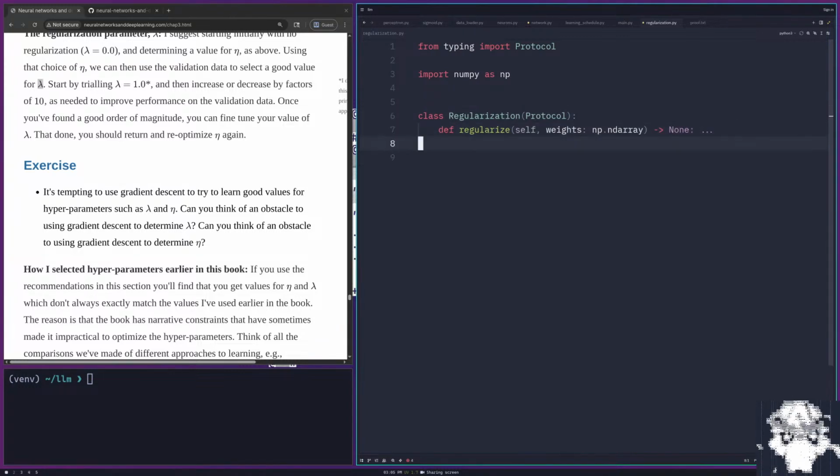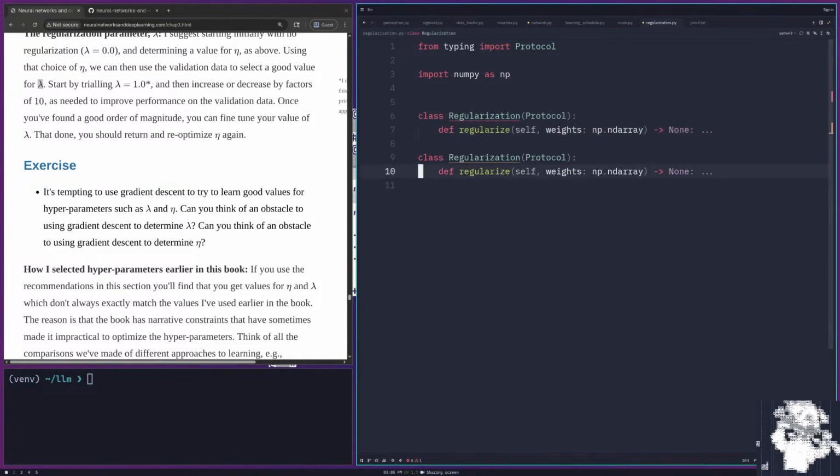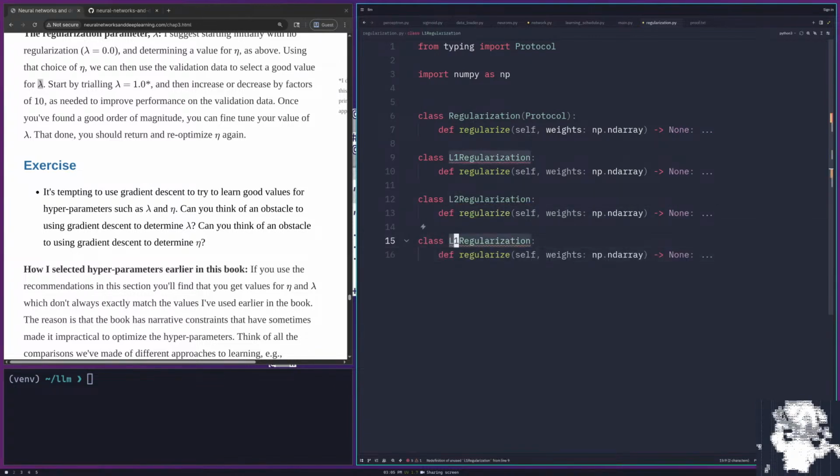Okay. Then we've got a few examples. We've got L1 regularization, we've got L2 regularization, and we've got no regularization. So this one's the easiest. You just don't do anything.